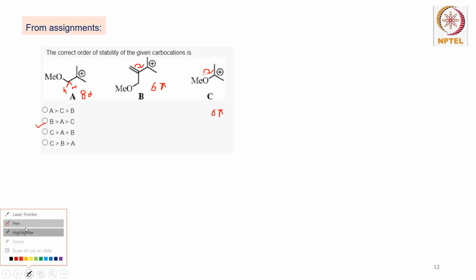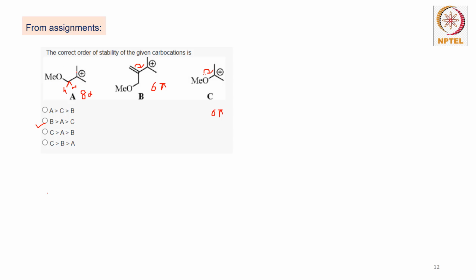The correct answer will be, so it has 8 alpha hydrogen, so it has 8 hyperconjugative structures, so it has some greater stability. But both of them have 6 alpha hydrogen, so there will be 6 hyperconjugative structures. Now it has a resonating effect of oxygen, but it has a resonating effect of a pi bond.